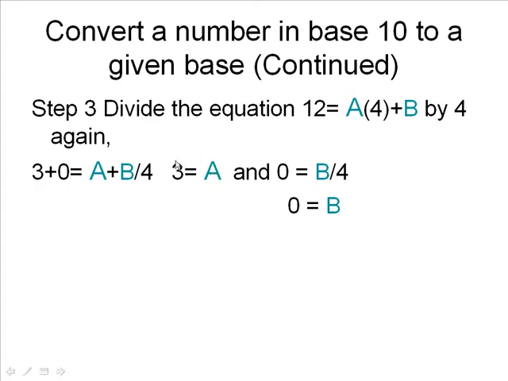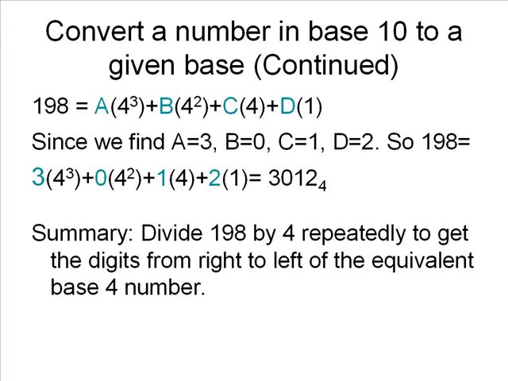And if we look at this integral equation, divide by 4 both sides again, the remainder will be 3 and the quotient will be 0. So we can consider 3 as the remainder of 3 divided by 4, which gives us the last digit from right to left. So from these 3 steps, we found out A, B, C, D.